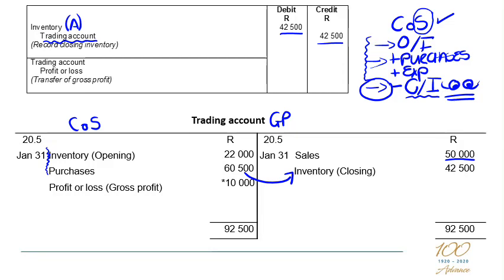It also needs to be on the opposite side because in my inventory account, this 42,500 is positive because I counted it with my physical stock take. So sales minus cost of sales equals gross profit, and gross profit will be taken to the profit or loss account.